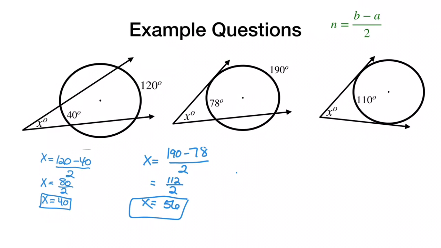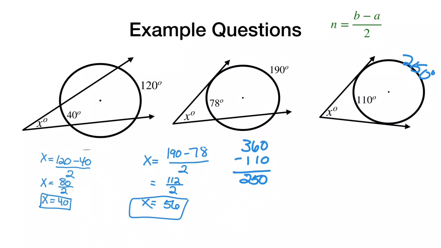But never fear, we can deal with that because we know all the way around the circle is 360 degrees. So if that smaller arc is 110, we can find the other part of the circle by saying 360 minus 110 degrees, and we get 250 degrees, which is the measure of this outer arc up here.